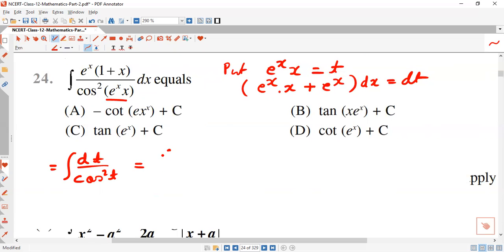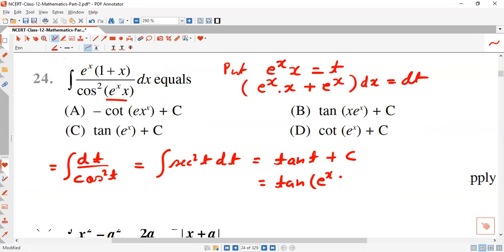That can be sec square t dt. That will be tan t plus c, and put the value of t. T is x e raised to x, plus some constant c. So tan of x e raised to x plus c. This is how B is the right answer of this question.